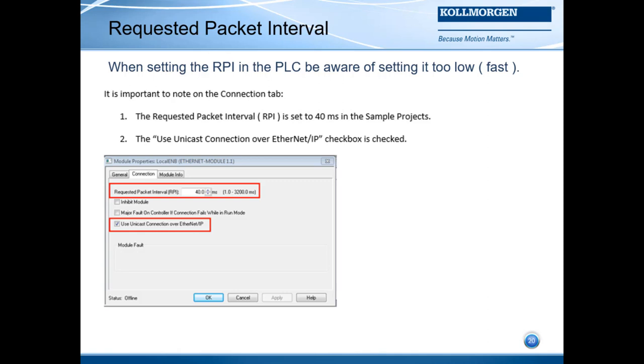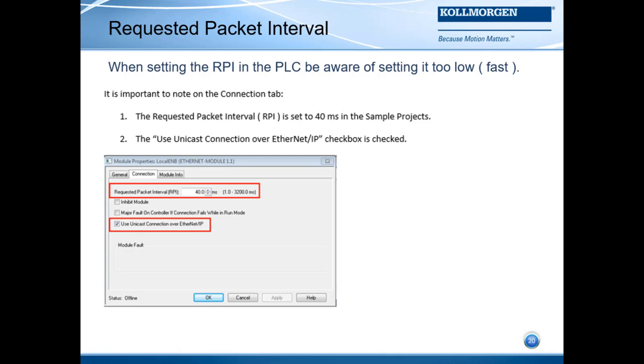When setting the RPI on the connection tab, the requested packet interval, be aware of setting it too low or fast. It is important to note on the connection tab in the sample project that the RPI is set to 40 milliseconds, and the Use Unicast Connection over Ethernet IP checkbox is checked.